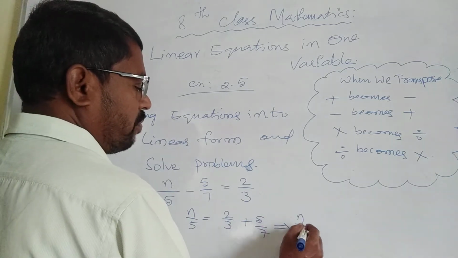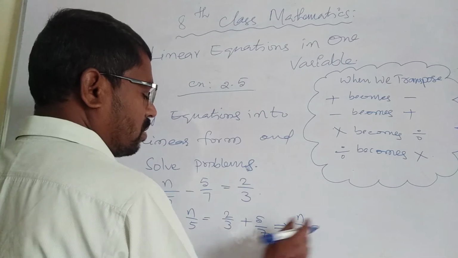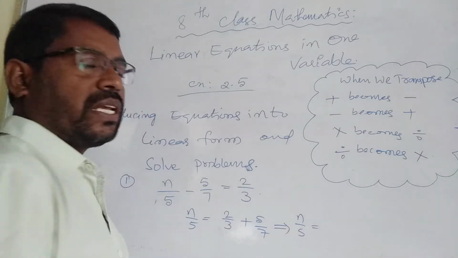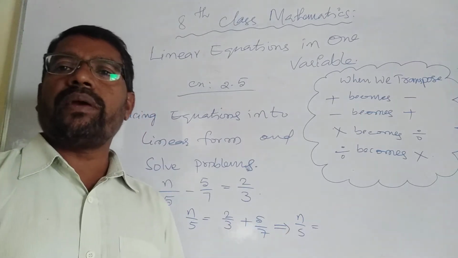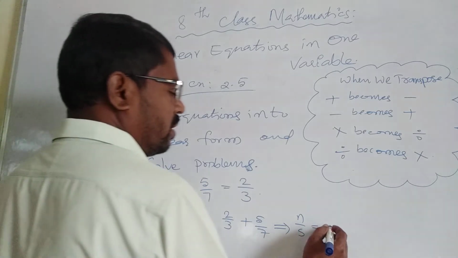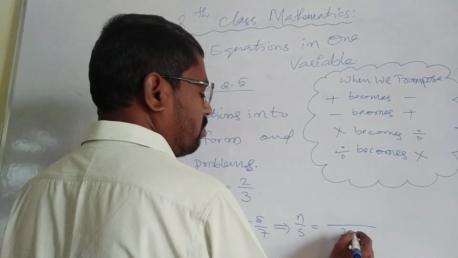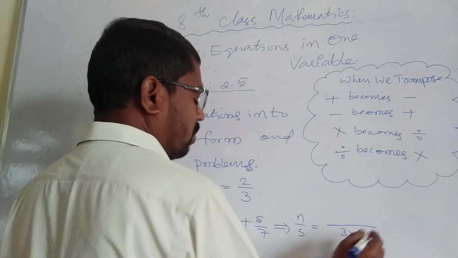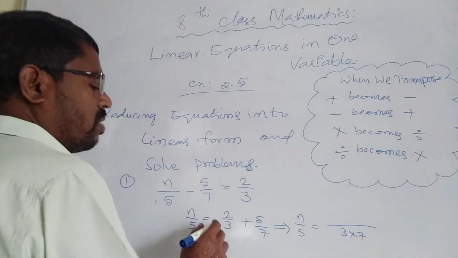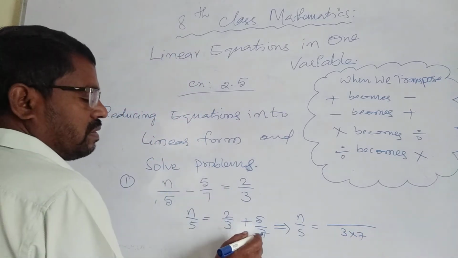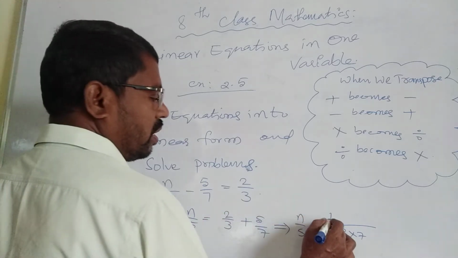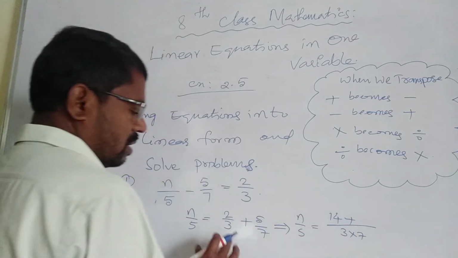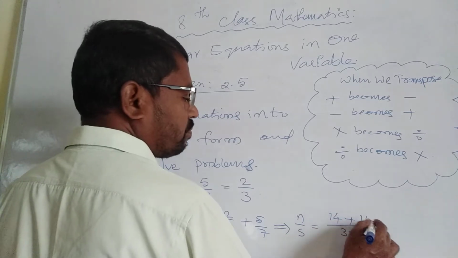So n by 5 is equal to 2 by 3 plus 5 by 7. The LCM of 3 and 7 is how much? Both are prime numbers, so we can take 3 into 7 as it is. LCM is 3 sevens are 21. Now what are we getting there? 7 into 2 is 14 plus 3 into 5 is 15.